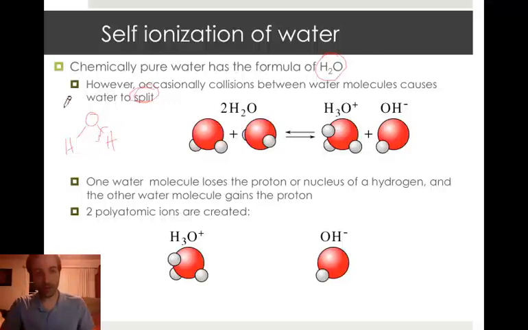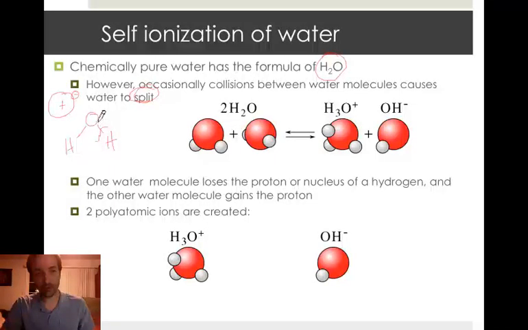If you remember back, hydrogens have a proton and one electron, so a very simple atom as far as atoms go. When that bump happens, oxygen is very electronegative, has a really good attraction for electrons. So this electron that was part of the hydrogen will stick around with oxygen.